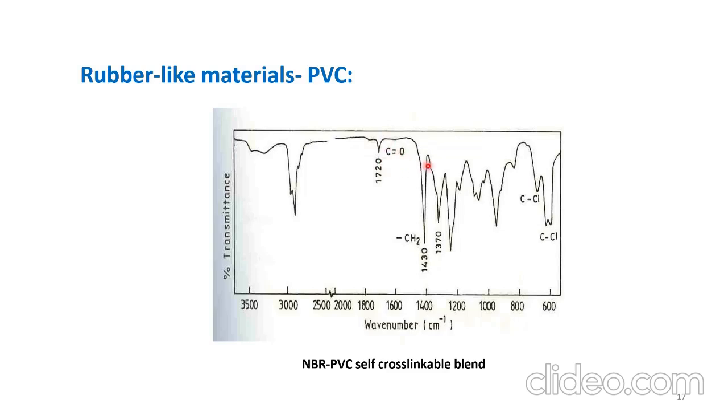In those cases, we need to observe what kind of changes are happening in the polymer or in our material upon exposing it to air, or upon keeping it for a long time in the atmosphere. Those kinds of observations can also be done using FTIR.